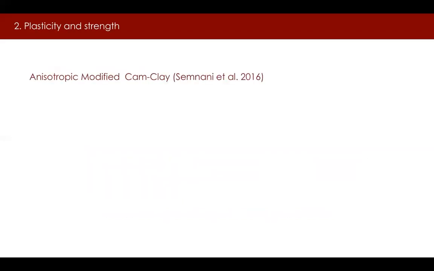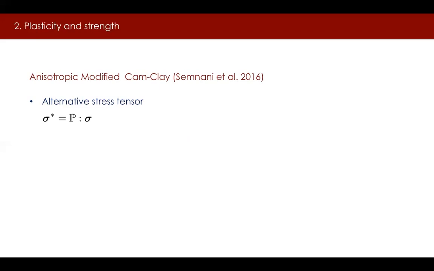A plasticity model that captures this asymmetric U-shaped variation of strength with bedding orientation is an anisotropic modified Cam clay model proposed by the Stanford group. The yield surface is an ellipsoid of modified Cam clay, but is rotated according to the microstructure tensor. To facilitate the introduction of anisotropy, the stress field sigma is first rotated to a fictitious configuration sigma star, according to the projection tensor P, as shown in this equation.